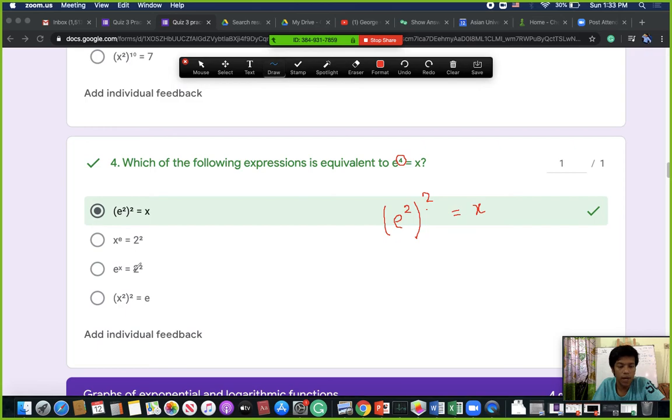And you can say, sir, then why are the others wrong? Because in the other options, all of a sudden the numbers are interchanged without following any rules. You can say, what about this one, what about that one? See, all of a sudden x square whole square equal to e is not possible according to any mathematical or exponent rules. No rules give us the freedom of changing the numbers.